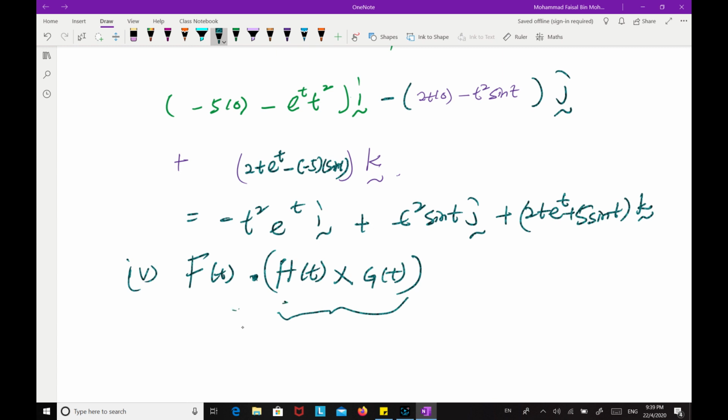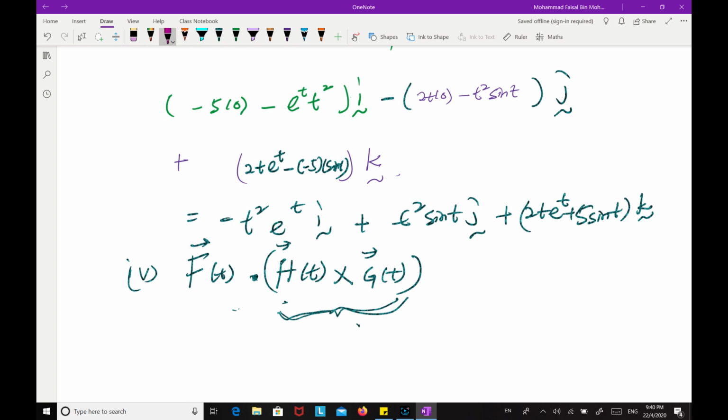A scalar cannot be crossed with a vector. It must be a vector cross with a vector. So if you do this cross first, you will get a vector, and then vector dot with a vector, because all these are vectors. Cannot do 0 times f(t), but a 0 vector times a vector can. Okay, so remember this.